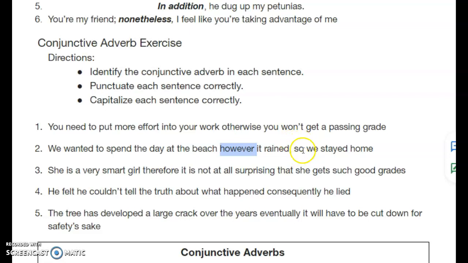The coordinating conjunction so. So comma so is joining, we wanted to spend the day at the beach, or maybe it's joining it rained, right? To we stayed home. So this is a different comma. That comma needs to be there, so keep that comma in there. But now I want you to write this sentence with the correct capitalization and punctuation.